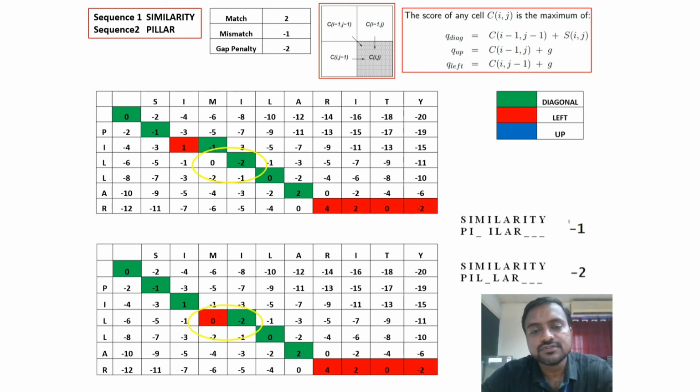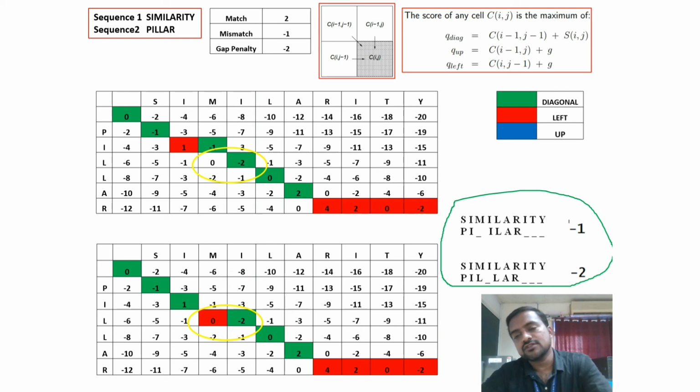As you can see, at -2, this is the place where there is a deviation in the path of this traceback, and therefore we had 2 different alignments. Which one would we choose? We will choose the one which has the highest score. In this case, the highest score is for the alignment on the top, because -1 is higher than -2.